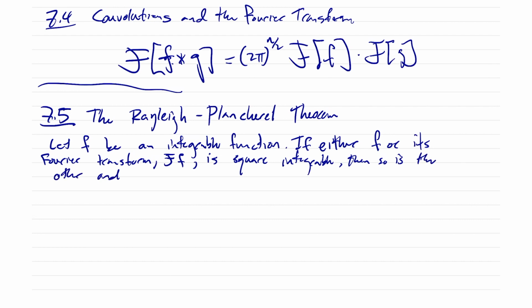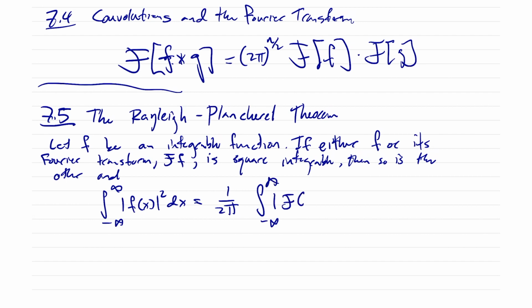And more importantly, we have the integral from minus infinity to infinity of the absolute value of f of x squared dx is equal to, now I'm not certain if this constant holds for us anymore. We'll see as we go through the theorem what we need. Otherwise we have the square of the Fourier transform.